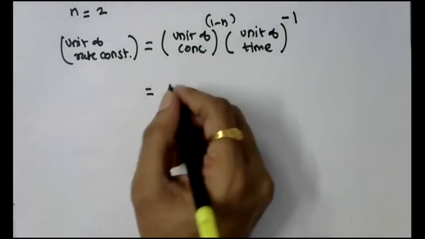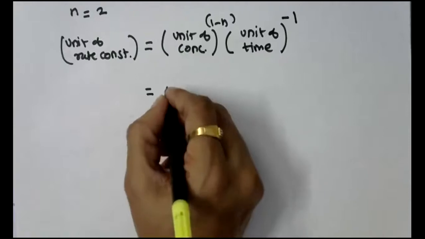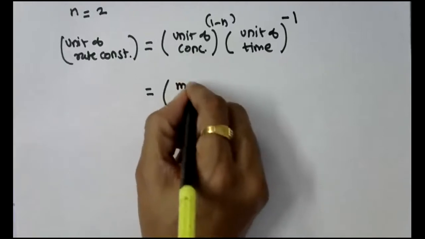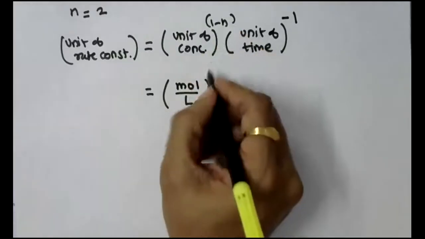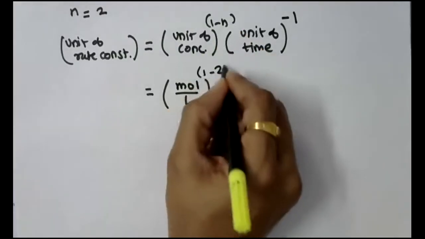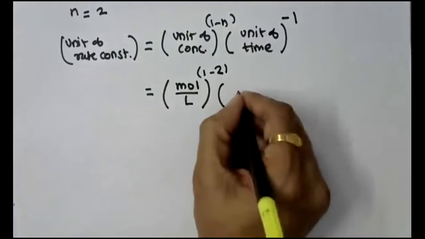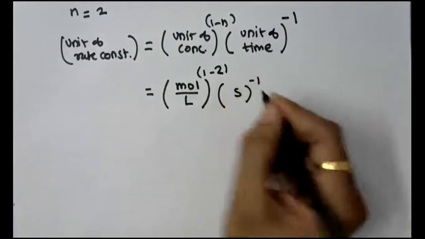Therefore, unit of concentration is generally mole per liter, n is 2, so 1 minus 2, and unit of time say second, so minus 1.